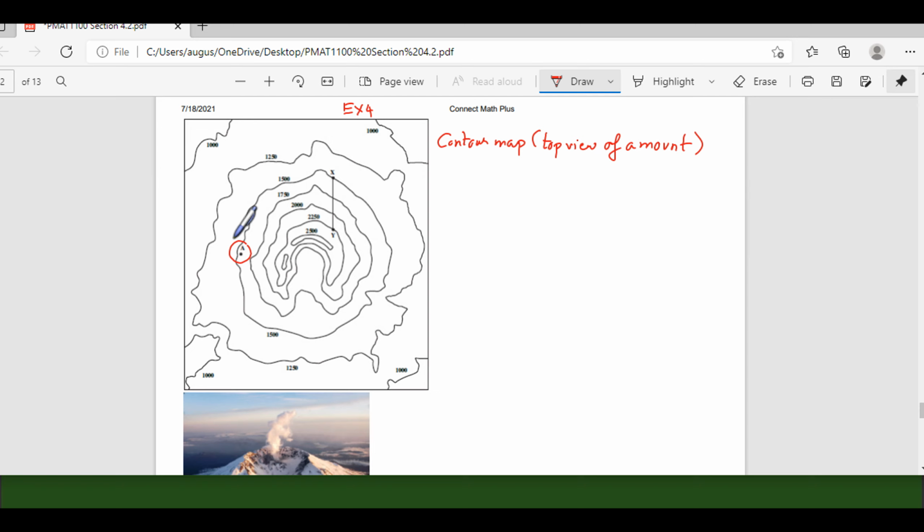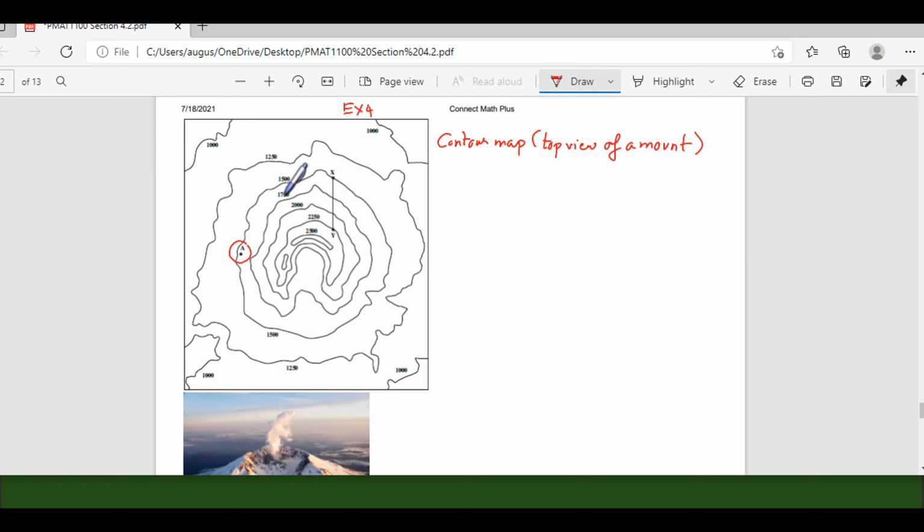If you see this curve right here, this is a contour curve. It says that point A is above the 1500 curve, and I'm sure the unit is in meters. Point A is closer to the top, so it must be a bigger number than 1500.